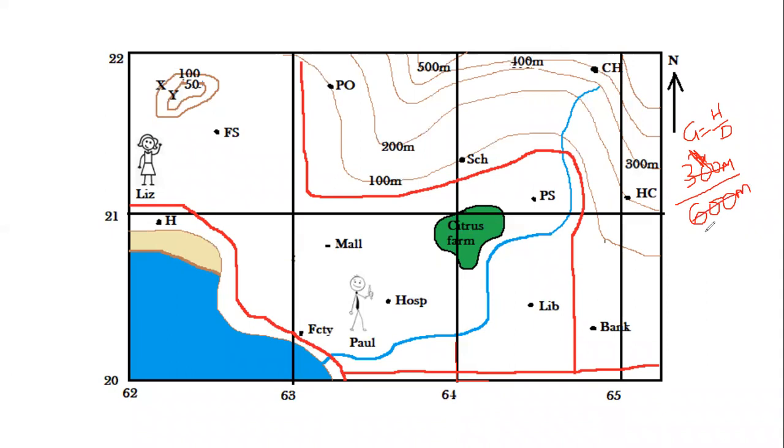So 600 divided by 300 gives us 2. So the gradient of the slope over which Liz and her mom will have to walk to get from the school to the church is 1 to 2, which means that they will go up by 1 unit and go across at the same time by 2 of that same unit. In this case, meters.